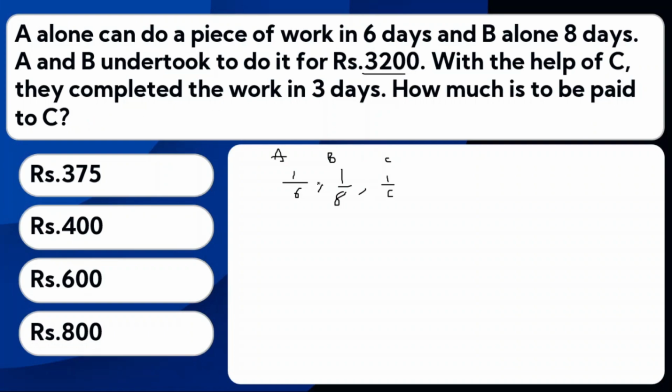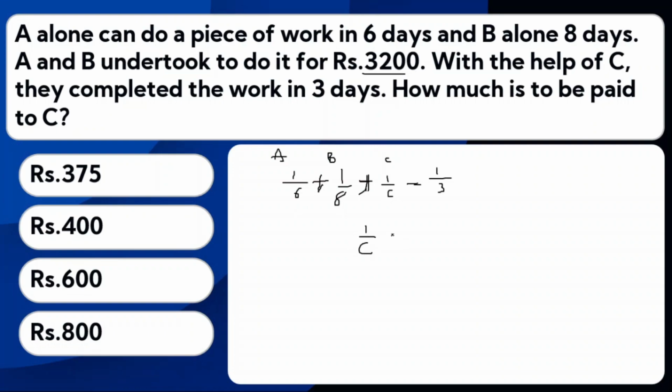So if they work together, just per day work, if you add these three members, you will complete the work in 3 days. So per day they can complete 1/3 of the work. Simply remember that however many days he has given, you have to convert it into per day work, just take the reciprocal. So 1 by 6 plus 1 by 8 plus 1 by C equals 1 by 3.